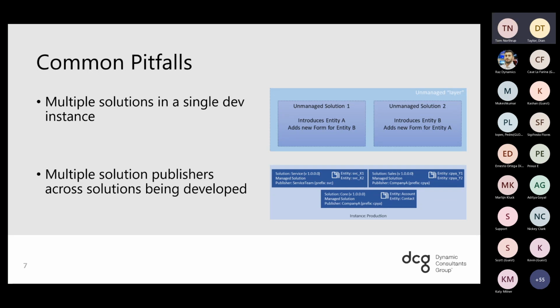Multiple solution publishers across solutions being developed. This is a danger. A managed solution cannot have 2 different publishers, it can only have 1 publisher. And that means the components in that managed solution all have to be from the same publisher. If you create a publisher called Dev1 and create a solution using the Dev1 publisher, everything has that prepended DEV1 before the customization.